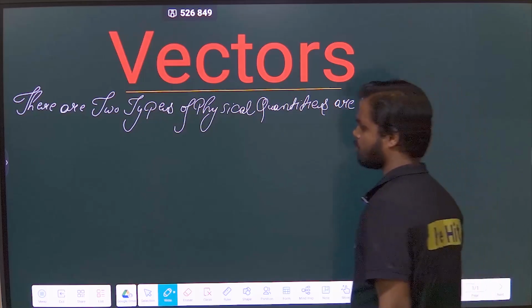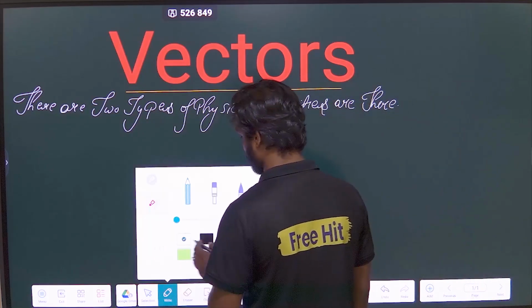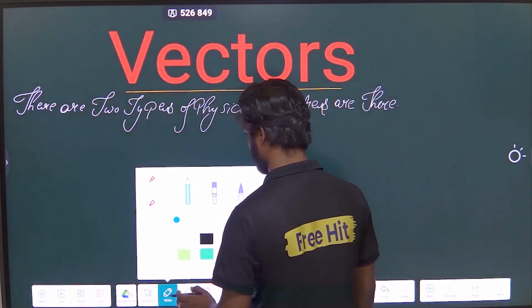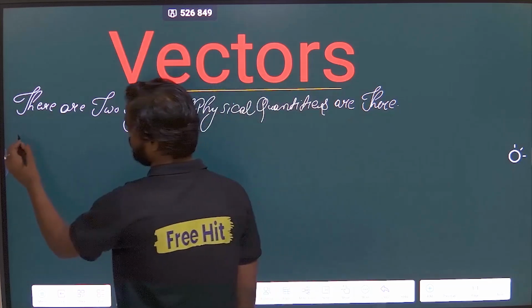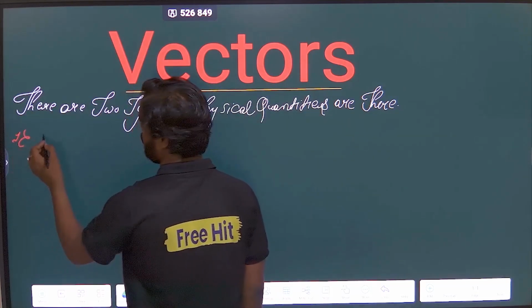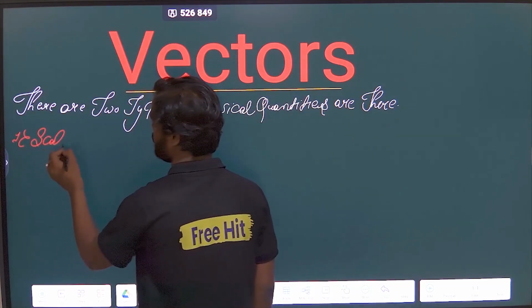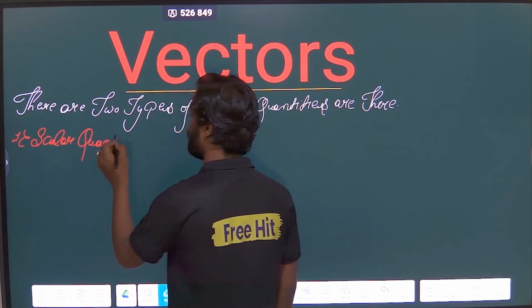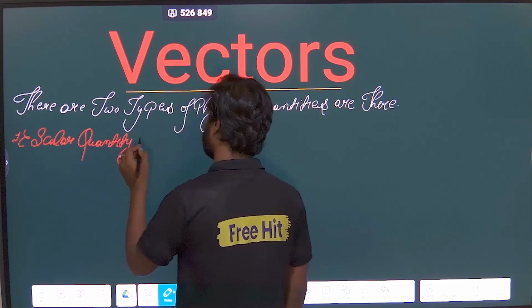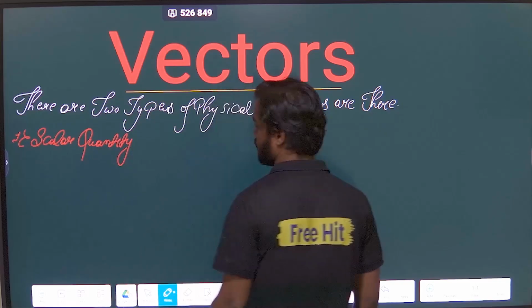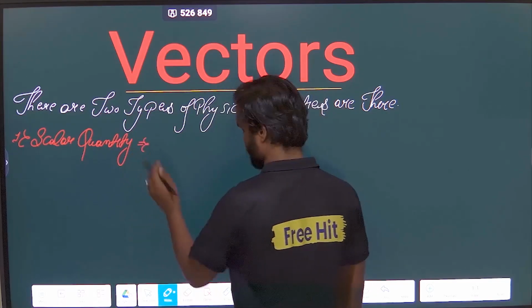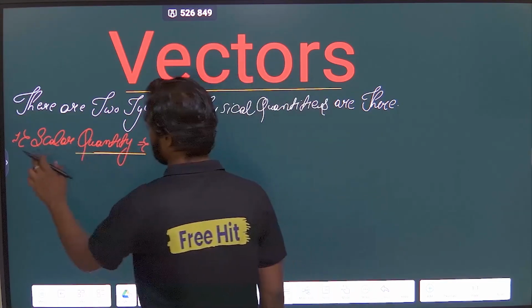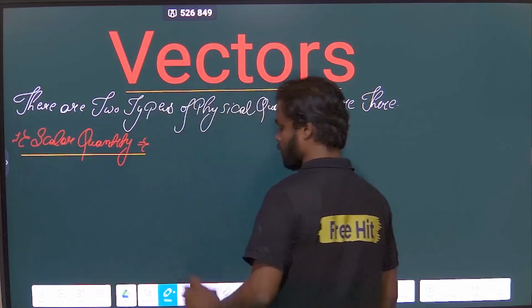What are those physical quantities? The first is called a scalar quantity. Clear? First one is a scalar quantity. What is a scalar quantity?